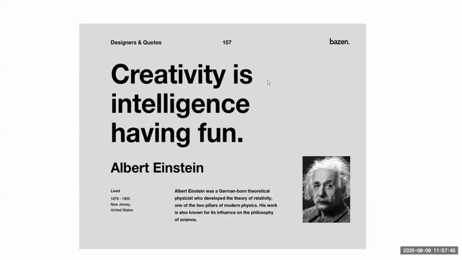Yes, the creativity word, right? Creativity is intelligence having fun. It gets your attention. Then you get attention from this word, Albert Einstein. Then sometimes designers quote something. Here we call this font hierarchy, right?